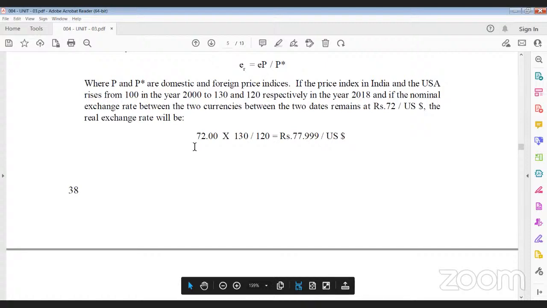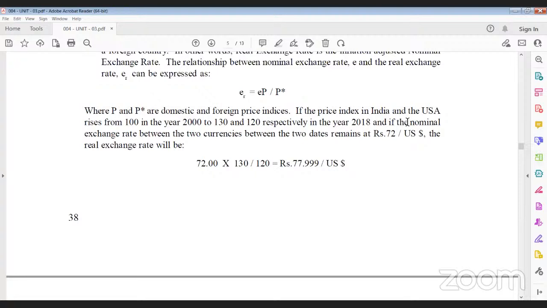here the same formula, that is the exchange rate. The exchange rate is E × P, where E is the domestic currency, which is 72 rupees, into 130 being the inflation, divided by 120, it is rising up to 120 in the year 2018.